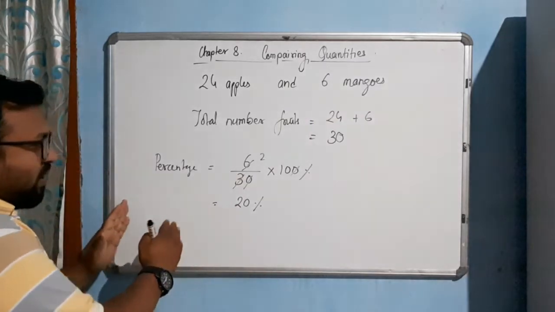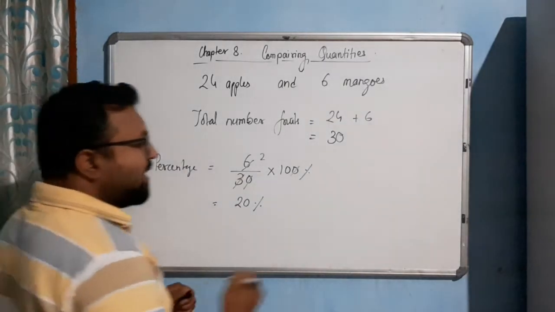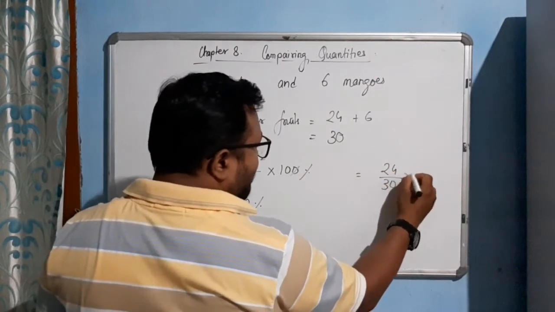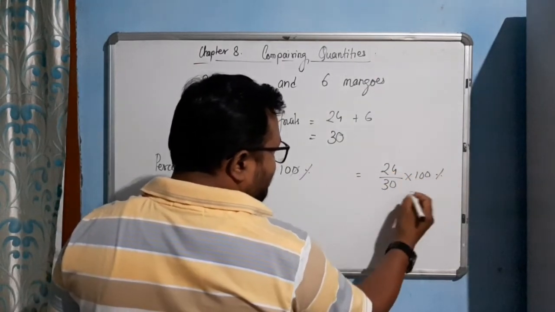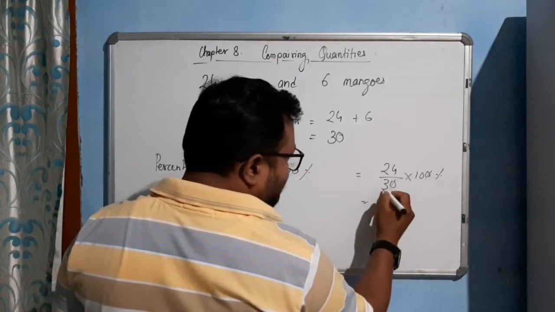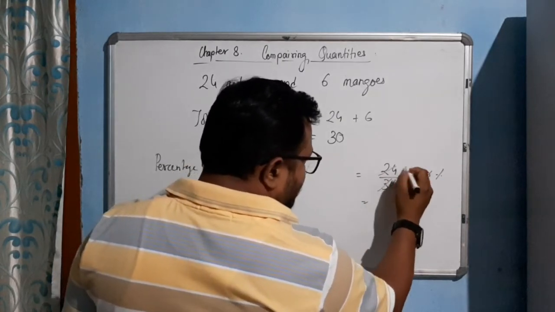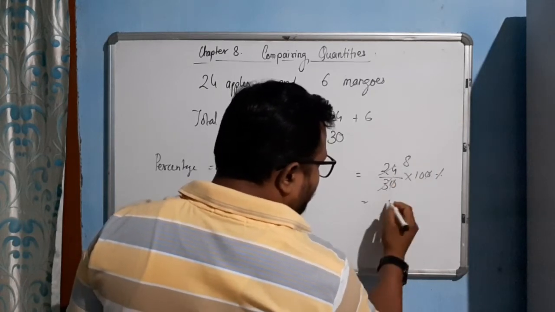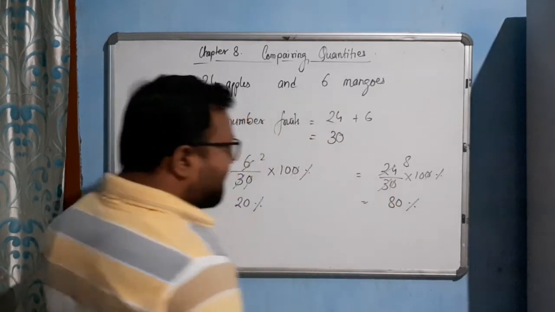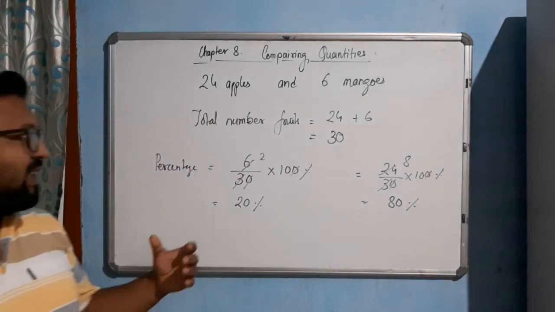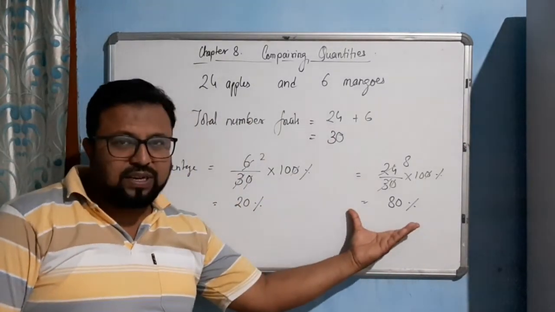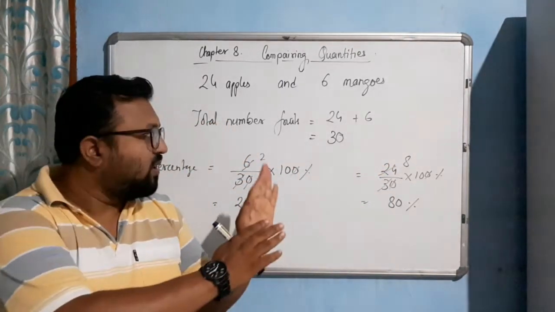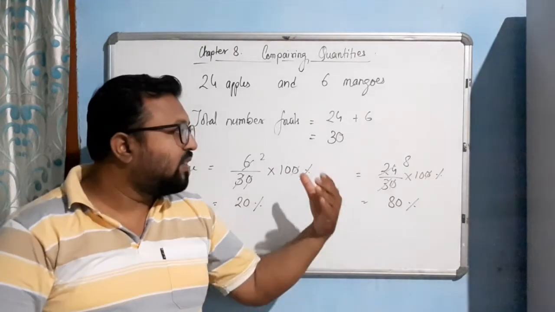If somebody asks you what is the percentage of apples in that basket, it will look like this: 24 by 30 into 100%. Cancel it out, 80%. So we can say that 80% of fruits in that basket are apples. So hope you have understood the part ratio and percentage.